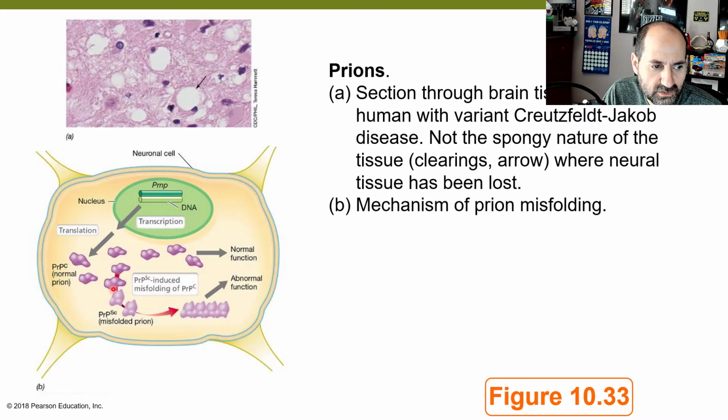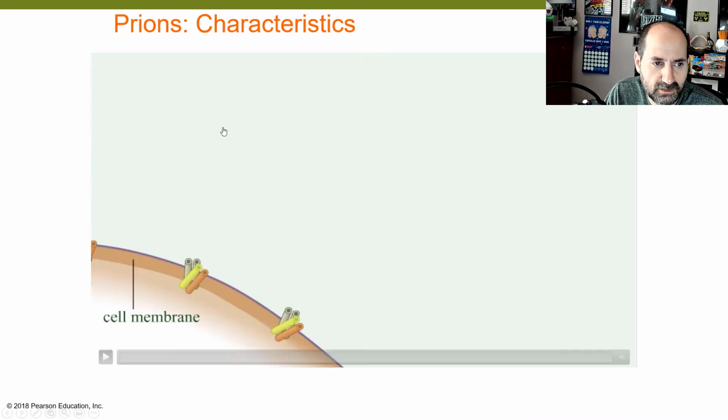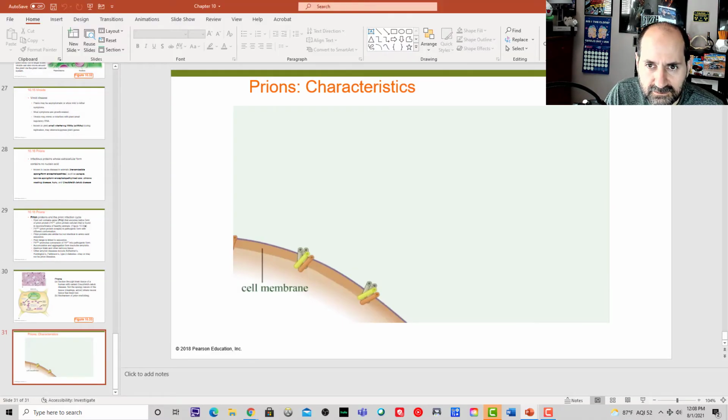However, exposure to the misfolded prion protein causes a cascade event where all of your properly folded prion proteins also change conformation to the misfolded state, and that causes these aggregates to form, and they cause these plaques to form in the brain, and that causes a spongy form of encephalopathy, this kind of brain damage that gives the brain a spongy appearance. Awesome.